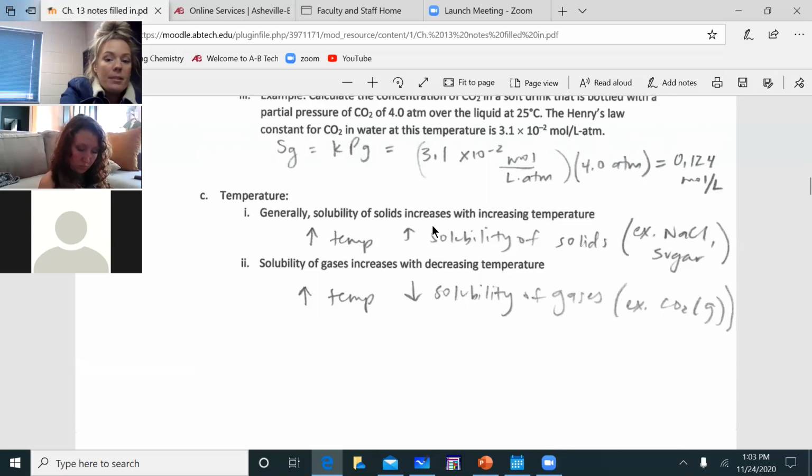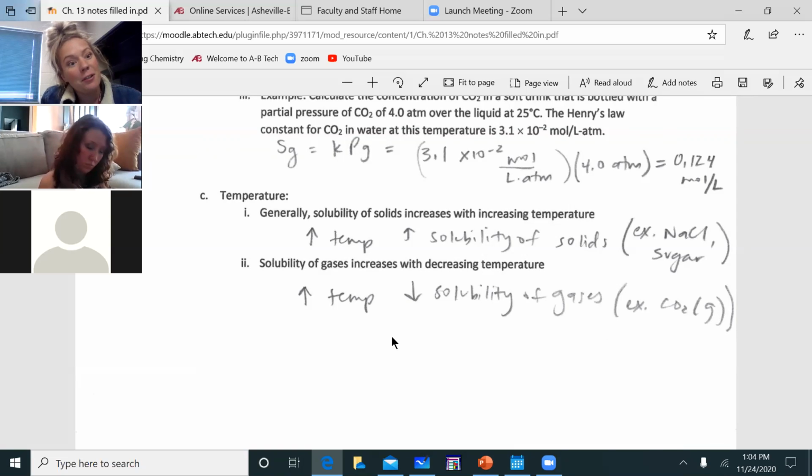But the opposite is actually true if we're talking about dissolving gases in a liquid. As the temperature increases for the solution, the solubility of the gas will decrease. An example here is CO2 gas. How do we tend to have our pop or our beer served?